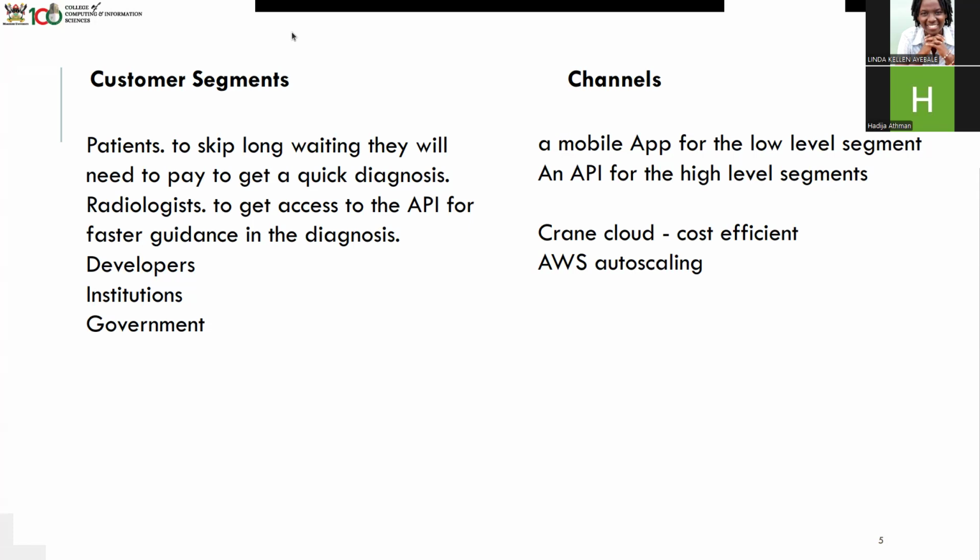Then we're going to use Crane Cloud as one of our channels because it's cost efficient. Initially, we're going to deploy on their open source free tier version. Then maybe later we can use AWS auto scaling capabilities to do the auto scaling when we have maybe higher volumes of requests.